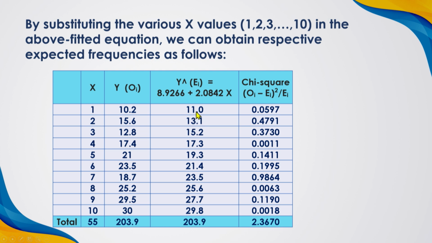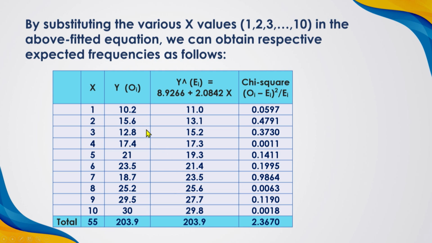In a similar fashion, if you extend for all, you can go for the last one by substituting the value 10, that is 8.9266 plus 2.0842 into 10, and you obtain the last expected frequency as 29.8. As already mentioned, the total of the observed frequency and the total of the expected frequency should match exactly, that is 203.9 and 203.9. You can verify over here.